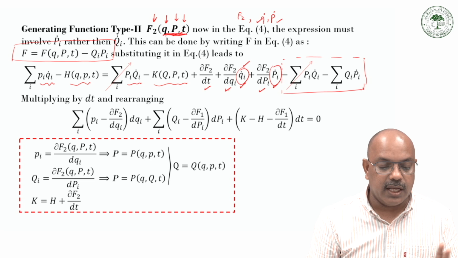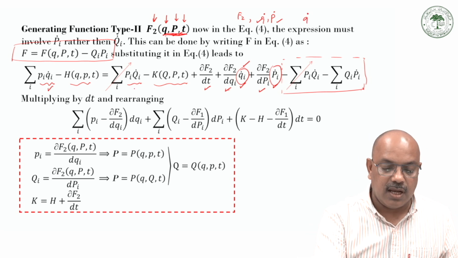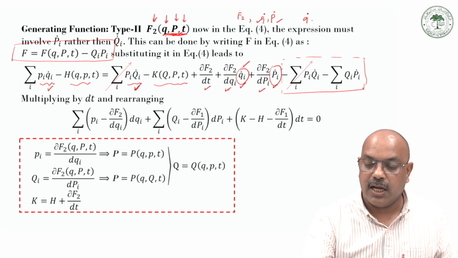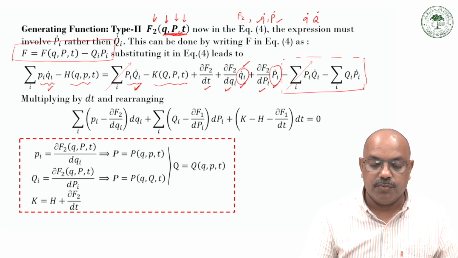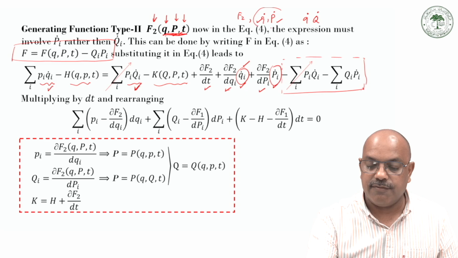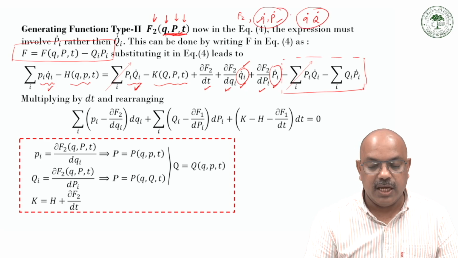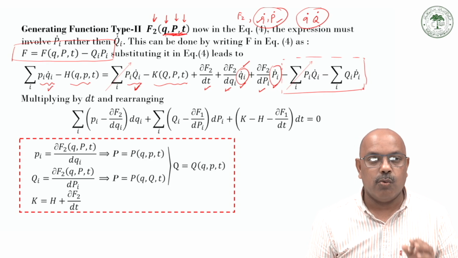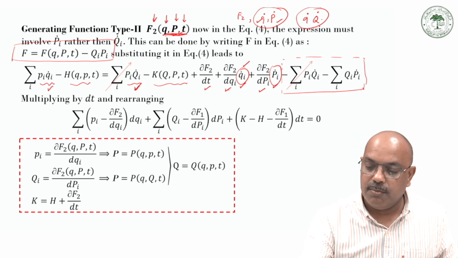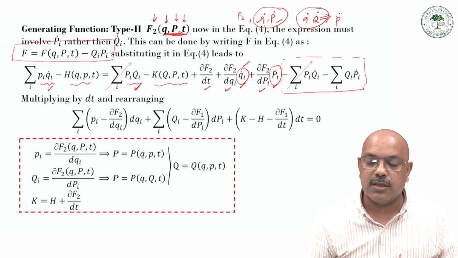But originally what I have is a small q dot, but I have capital Q dot in the expression. So from the generating function I have small q dot and capital P dot, but my expression already has a small q dot and capital Q dot. So what I want in place of this is capital P dot.